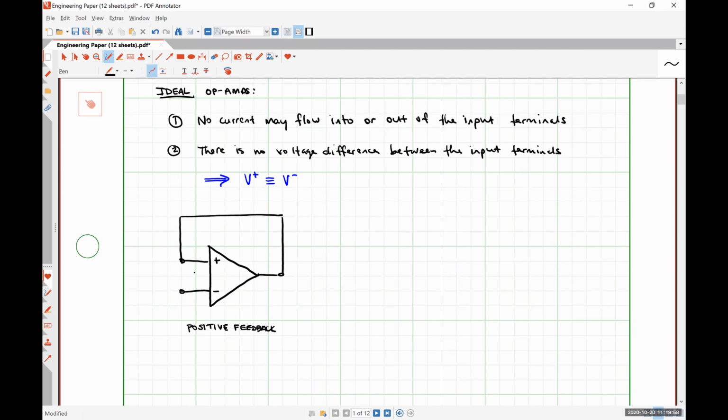In this class, we're going to be working with negative feedback systems predominantly. And so in a negative feedback system, we simply have our feedback loop between the inverting input terminal and the output, like so. So this is negative feedback.